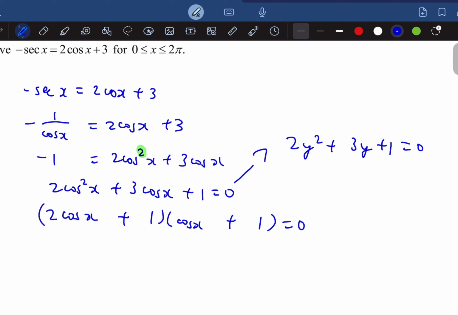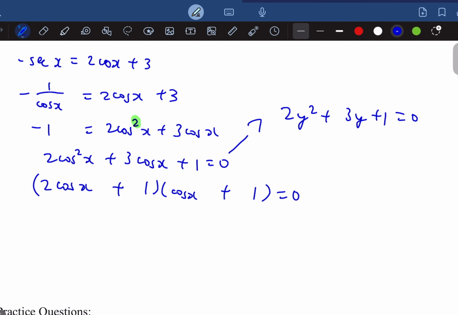So with this factorized already, then we solve the individual brackets. Okay, and take note it is pi, so we need to be very mindful. So over here, 2 cosine x plus 1 equals 0, or cosine x plus 1 equals to 0. So my cosine x equals to -half.